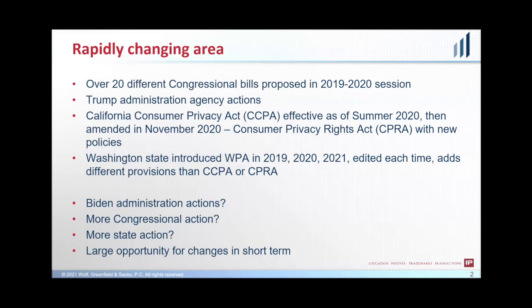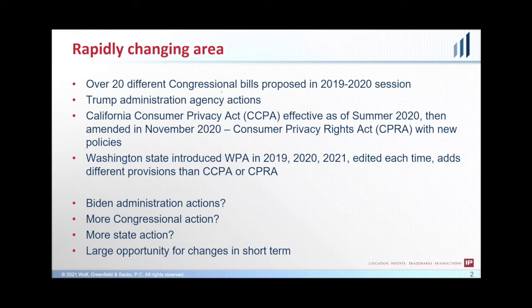So that discussion of the shutdown of the privacy shield provides a good intro to the US part of the law. So the high-level theme on what's happening in the US is that this is a rapidly changing area and that there is very little definiteness on what is the current state of the law across the entire country.